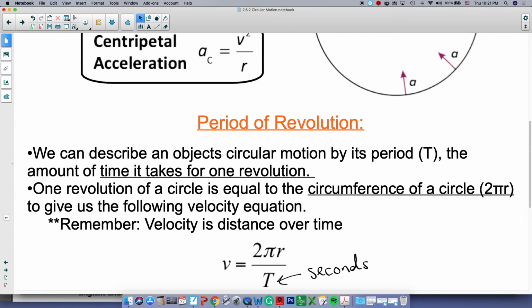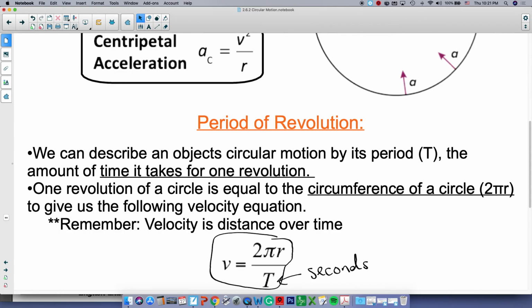So how long does that take to go one time around the circle? One revolution of a circle is equal to the circumference of a circle. It's 2 pi r. So we can find our velocity with this formula down here, because the circumference of the circle is 2 pi r.